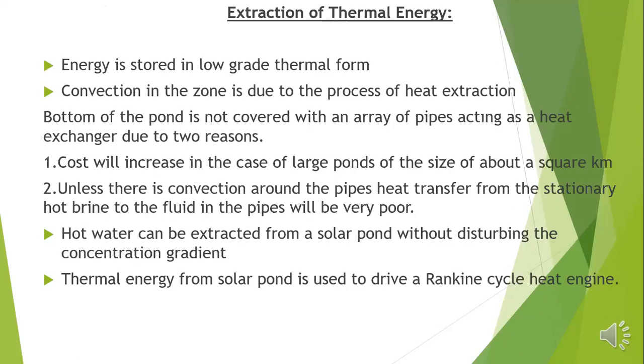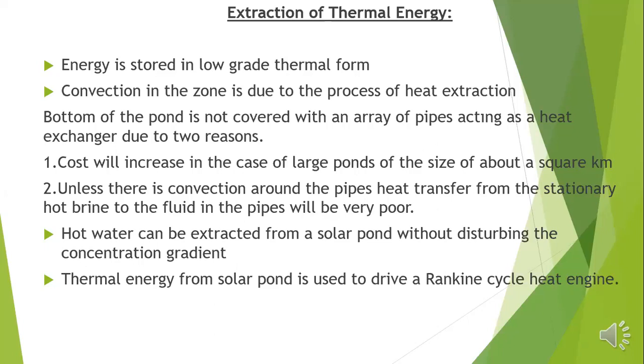This is the explanation about the extraction of thermal energy. With the use of solar ponds we can get thermal electricity. This process is called the extraction of thermal energy. Actually, energy is stored in low grade thermal form in the lower convective zones.